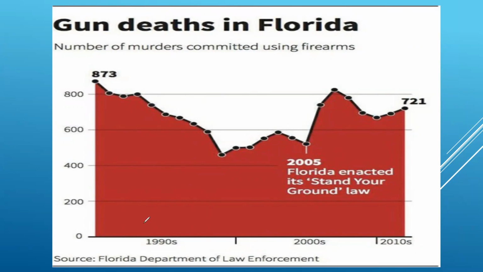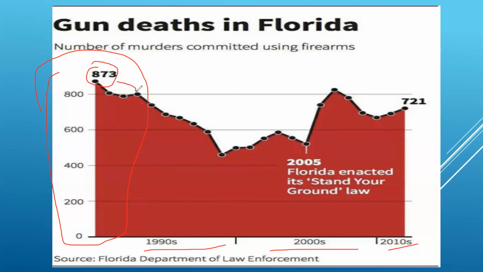Okay, so we have here the part of the 90s, the 2000s and 2010s, which means after that. And this is the number of these murders that happened. You see they were at a peak. This is the peak of it. Then it went down, then up. Okay, then down, then up. So this is the diagram that represents these numbers.